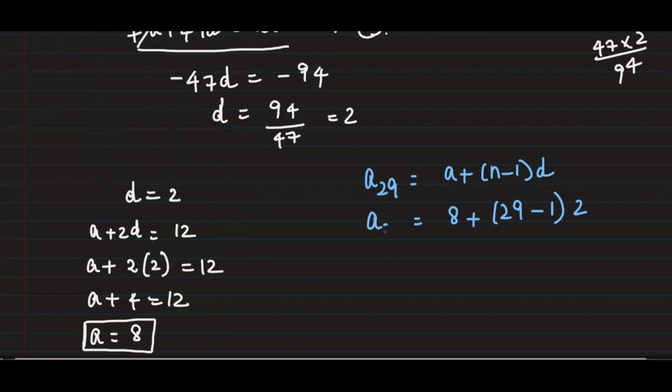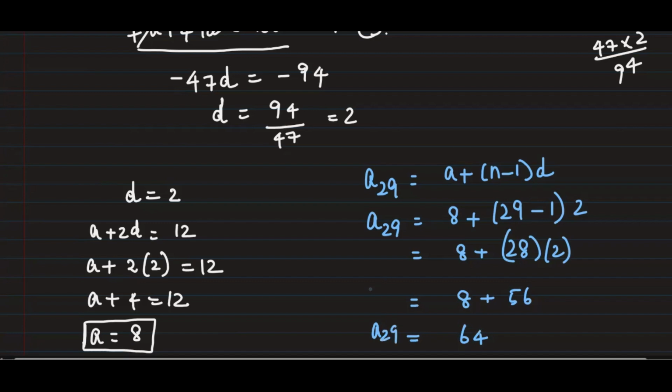So A29 is equal to 8 plus 28 into 2, which is equal to 8 plus 56, that is 64. So A29 value equals 64.